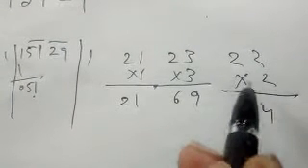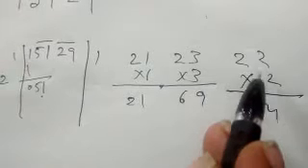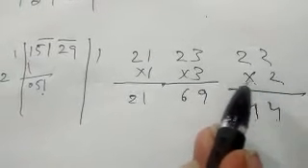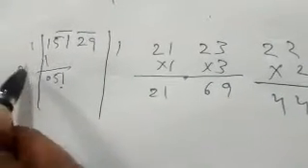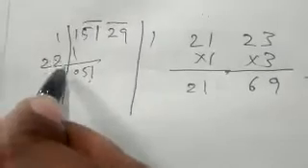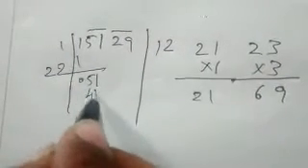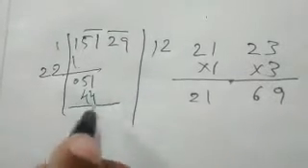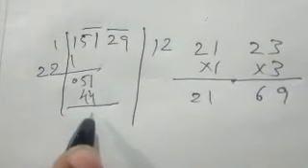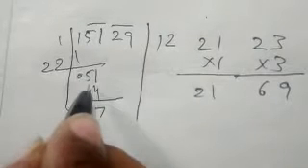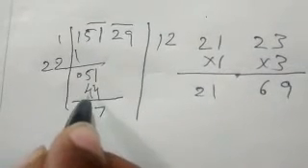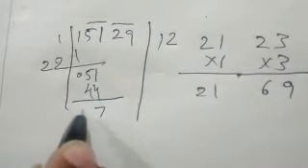Okay. And 2 2 is 4. See, 22 into 2 is going to match this. So now we are going to put 22 into 2. So 44. So what is the remaining? 11 minus 4 equal to 7. And 6 minus 4 equal to 2.